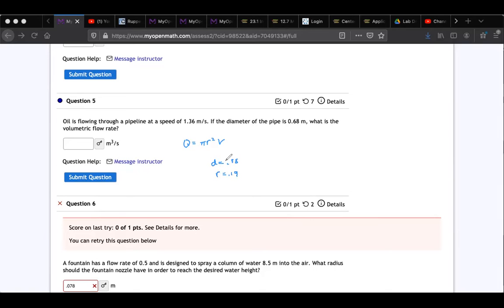Yes. So you squared 0.19, multiplied by pi, and multiplied by this velocity, and it was wrong still? No, my velocity was 2, but I assume my sig figs are wrong again. But how many do I need to use? So just use 3 every time, you should be fine. Oh, okay.